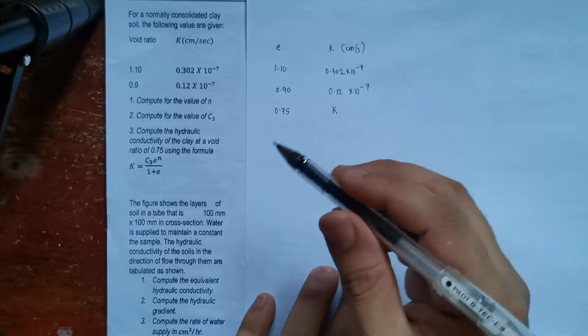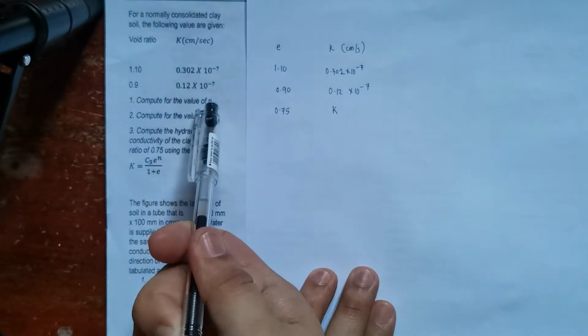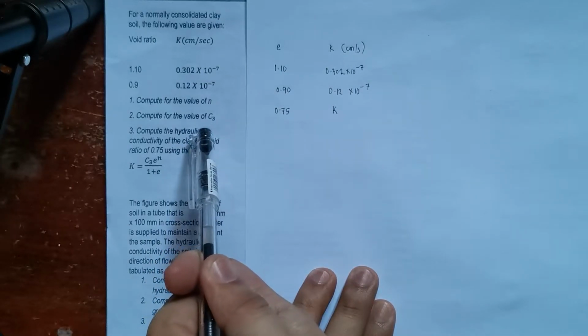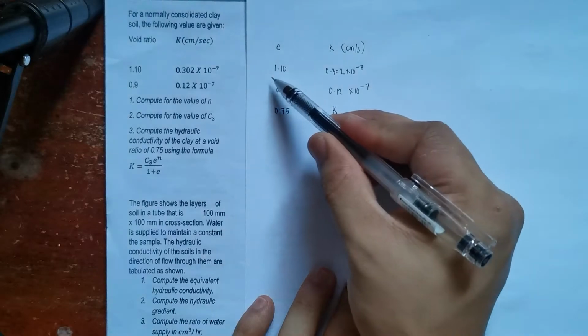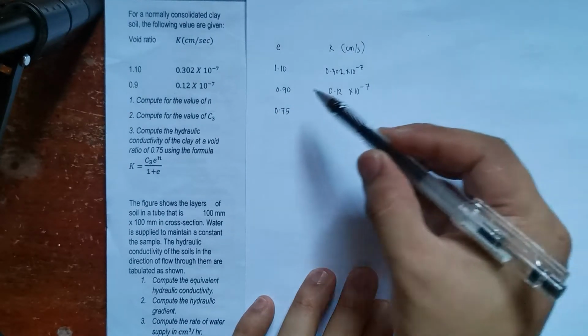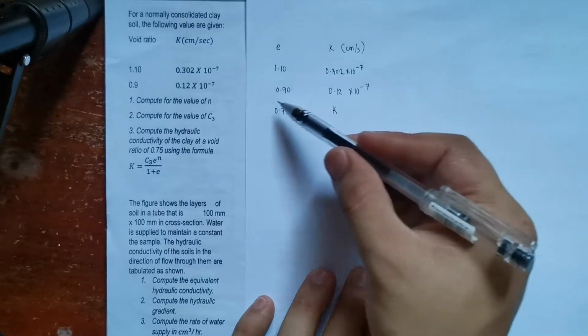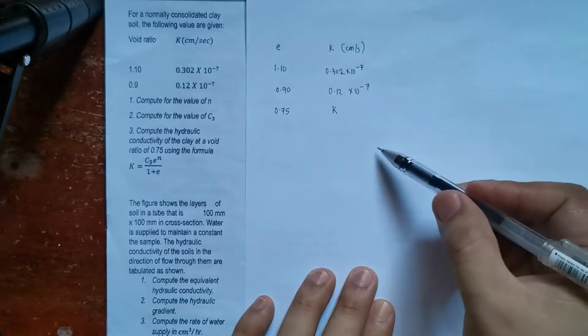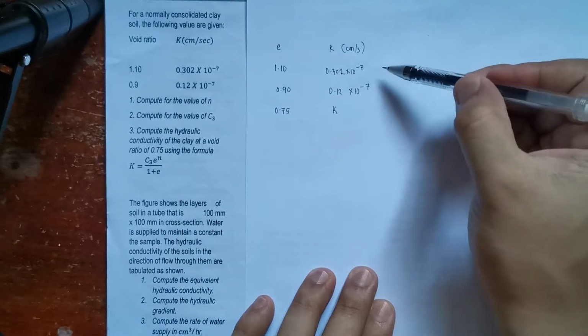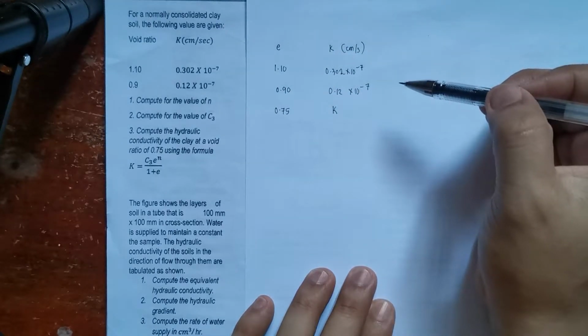So, solve first for the constant value of N and constant value of C3. Since sinabing constant, hindi siya nagbabago. If the value of N is 0.5 in the first value, the value of N is also 0.5 in the second value, and so on. Magbago man mismo yung value ng E at saka K, yung value ng N at saka C3 ay hindi nagbabago.